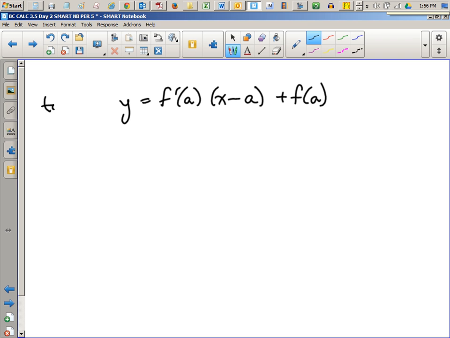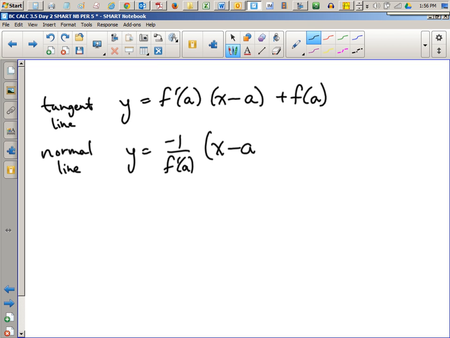Okay, so this is the tangent line. And the normal line, as you know, is y equals the opposite reciprocal of f prime of a times x minus a plus f of a.